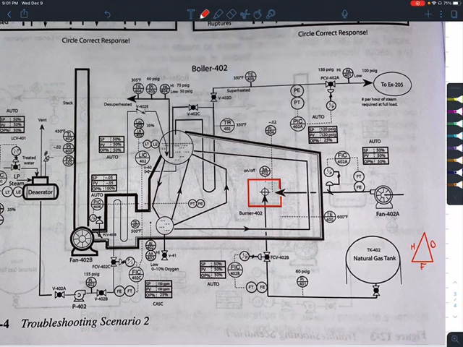So, you're like, okay, well, we have heat, oxygen, and fuel. Fuel is coming from tank 402, TK 402, and that is going to the firebox. Put that over right there. And we have oxygen coming from fan 402A.